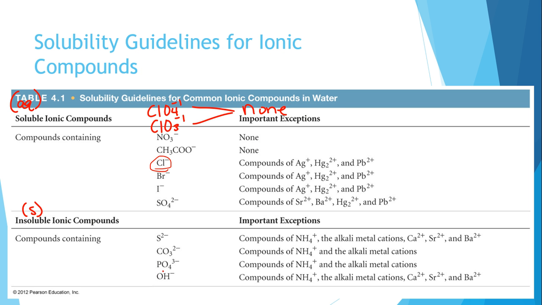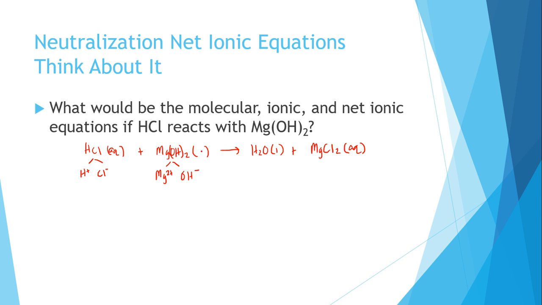So here down below is my OH. Magnesium is not an exception, so this one is actually going to be a solid. From here, we can go ahead and balance this equation. So I know that this equation is going to balance out as 2, 1, 2, 1.